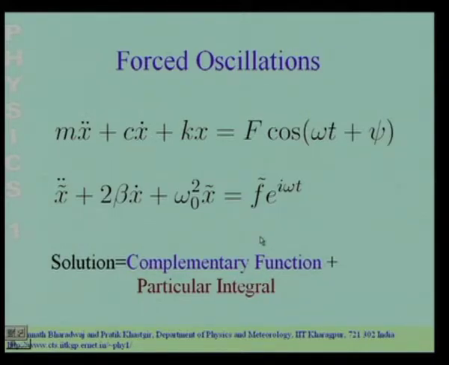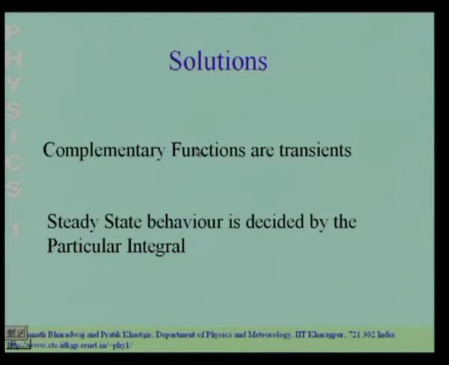So, if you are looking at the late time behavior, the complementary function gives you only transients, short lived solutions. So, you have to look at the particular integral, which is the part of the solution which survives at late times.